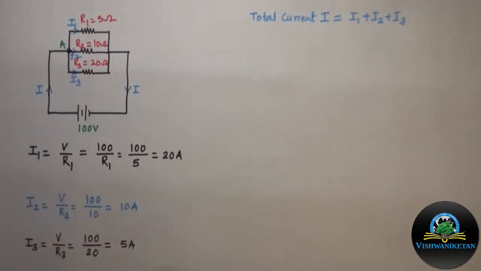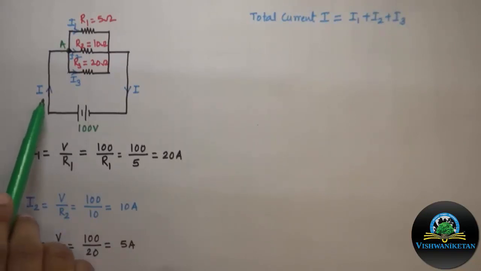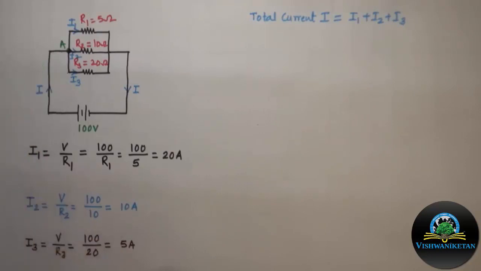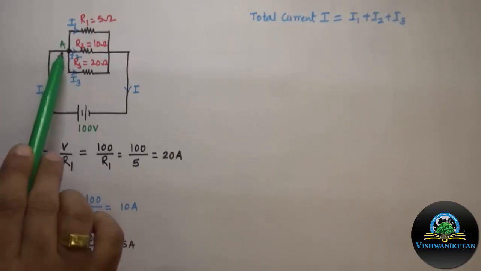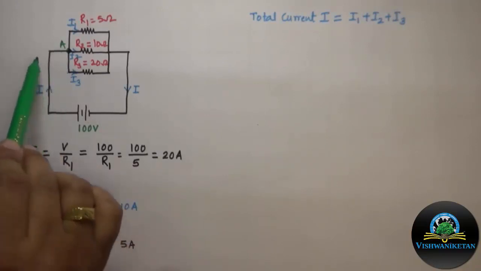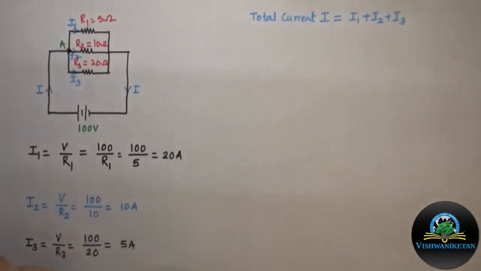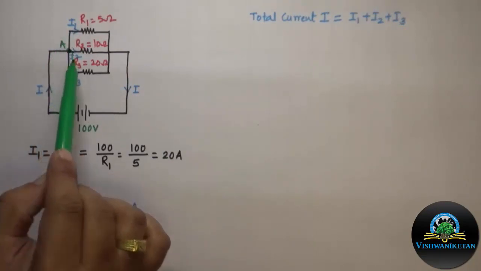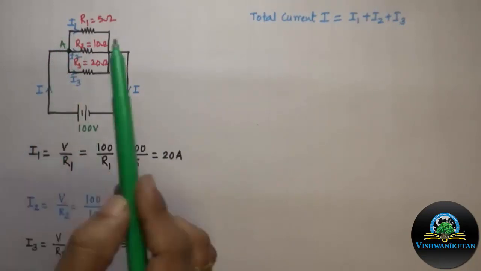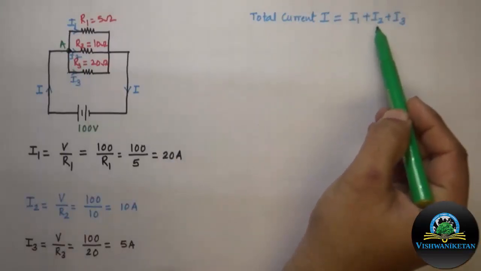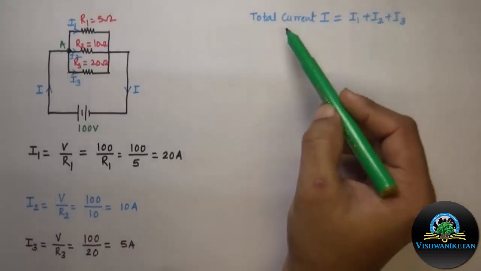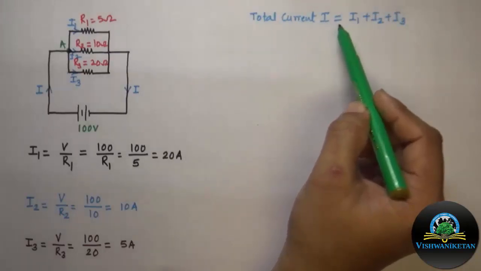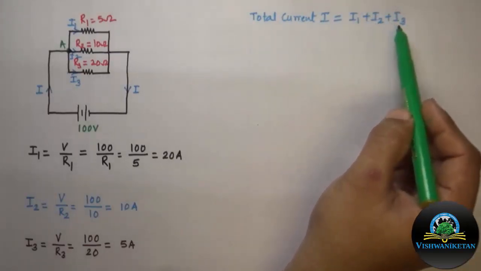According to Kirchhoff's current law, the total current incoming to the junction is equal to the total current outgoing from the junction. At A, the total current going towards the junction is I, and the total current going away from the junction is I1, I2 and I3. Hence, the total current equation is I equals I1 plus I2 plus I3.